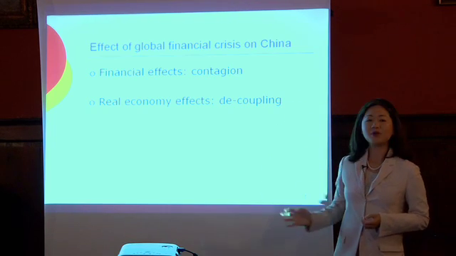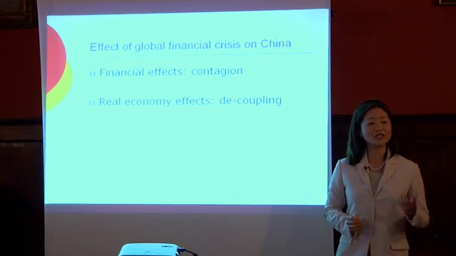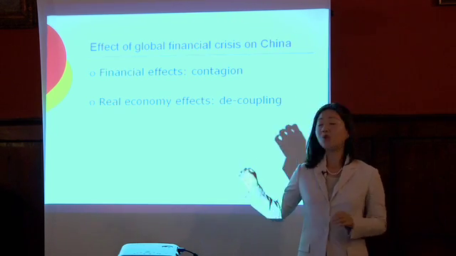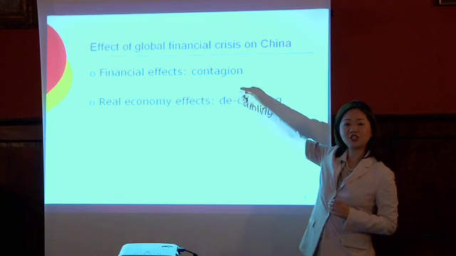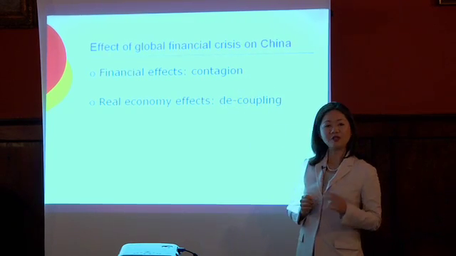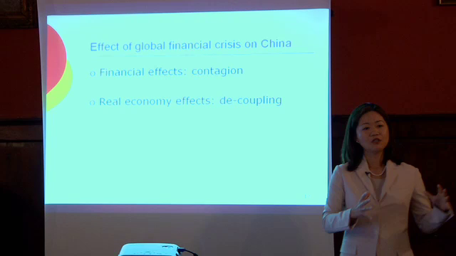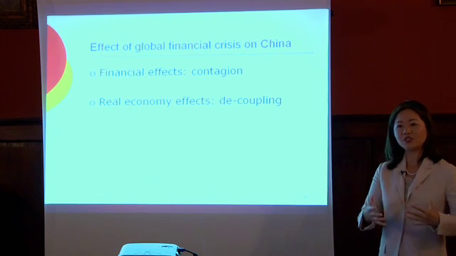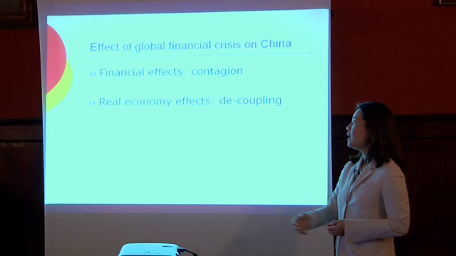In China, of course, this kind of financial crisis works through two different avenues. One is financial effects, contagion, what I've described for Europe. The Europeans had, of course, their own set of problems, but for the most part, you got a lot of contagion because of securitization.